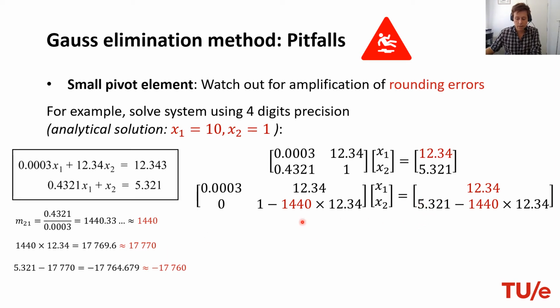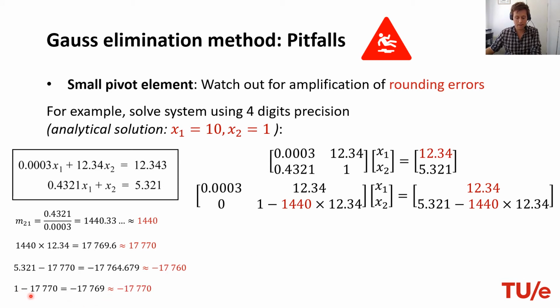And here we then subtract 1 from 17,770. And on the other side, we subtract 5. So 5 minus 17,770, and so on, which is rounded to minus 17,760.